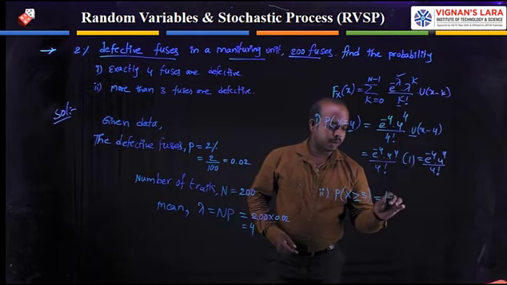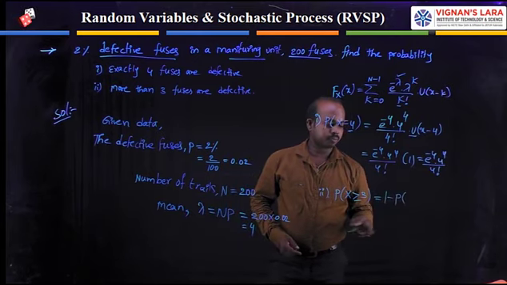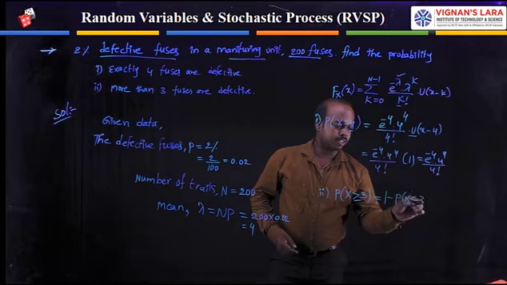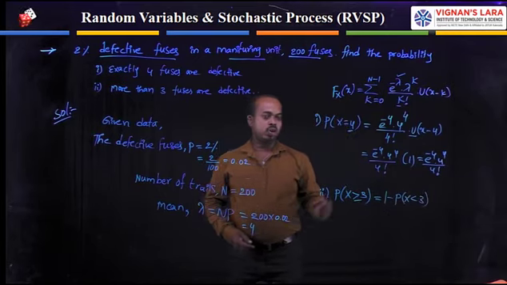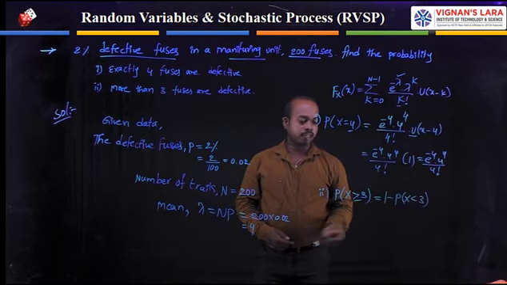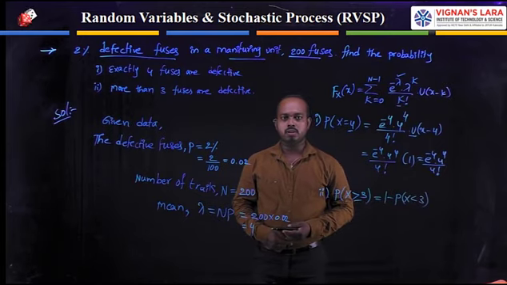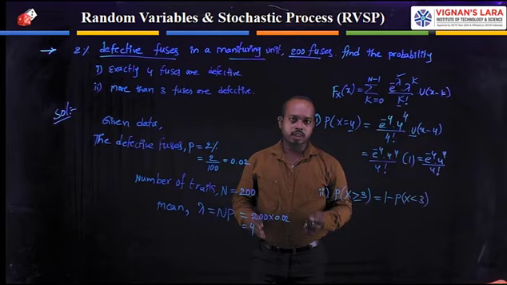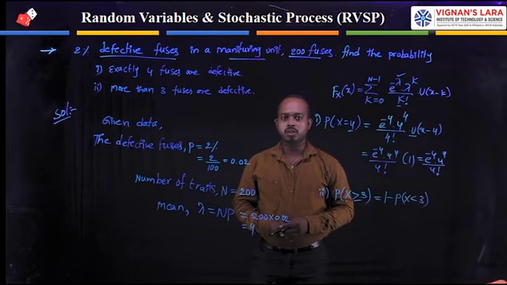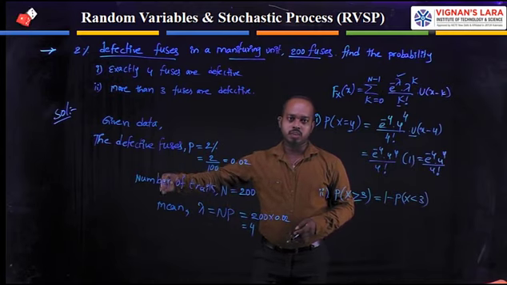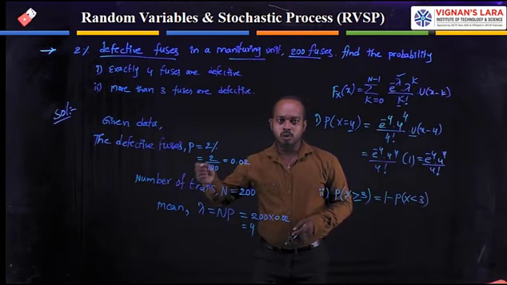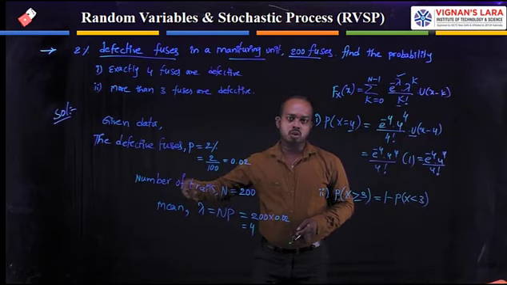So 1 minus the probability of capital X less than 3. Why do you take this one? Because more than 3 means equal to 3 and more than 3, and for more than 3 you would have to find each and every quantity up to 200 and then sum all of them.